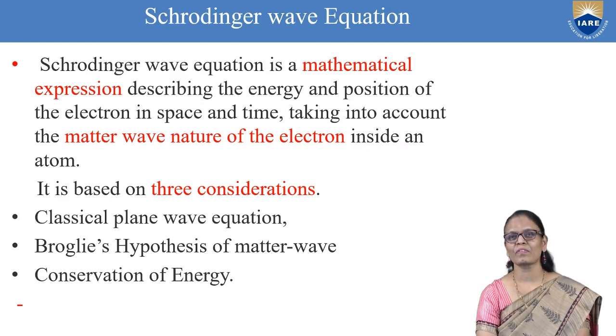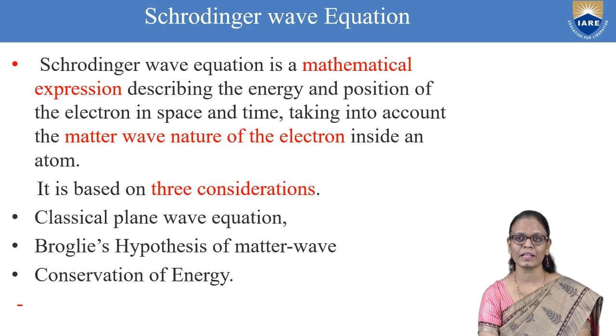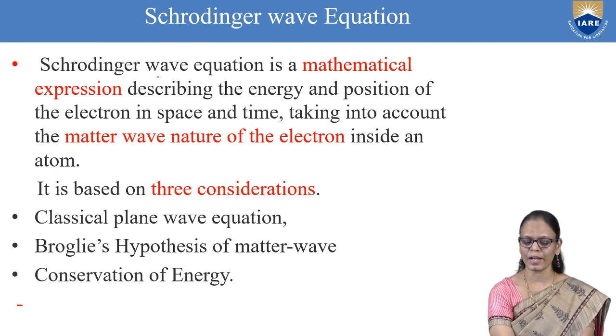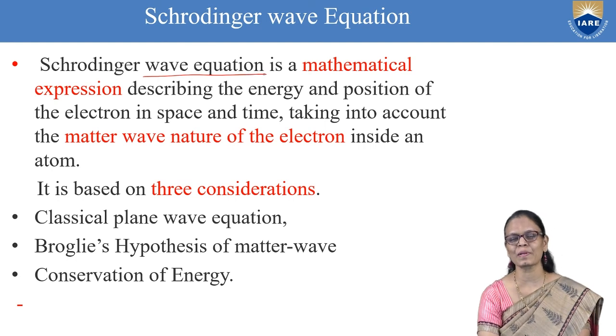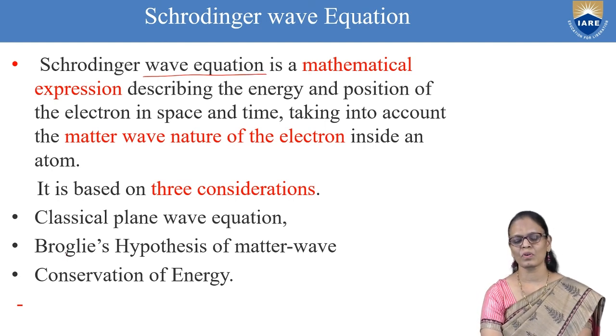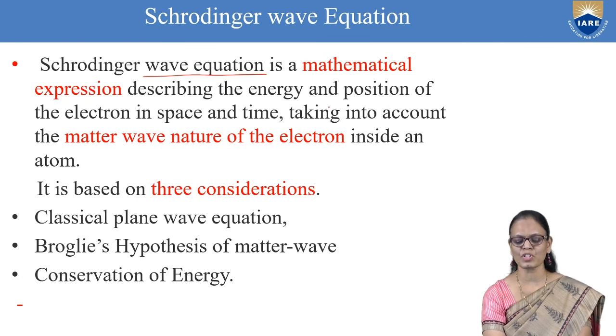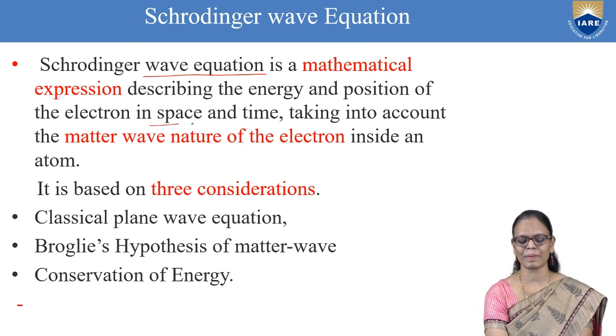Now, the Schrodinger wave equation is a mathematical expression describing the energy and position of the electron in space and time. I told you we need an equation to express this wave nature. So the Schrodinger equation describes the energy and the position of the electron in space and time.